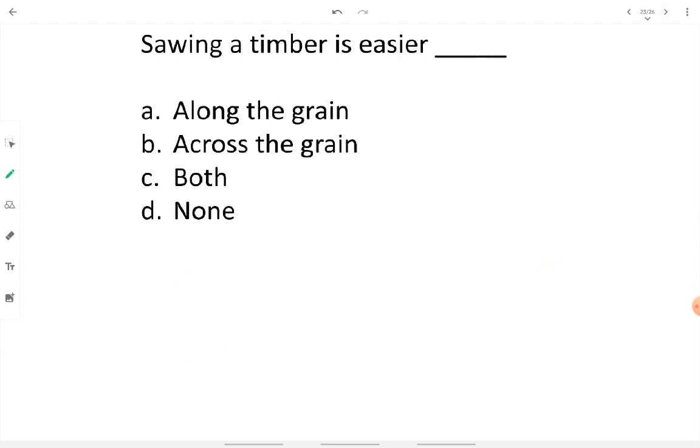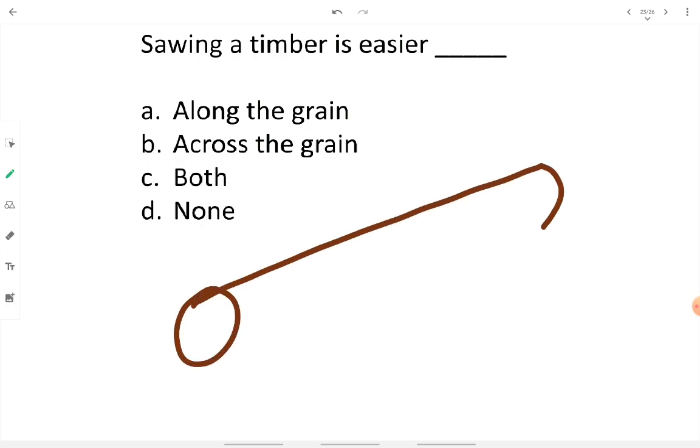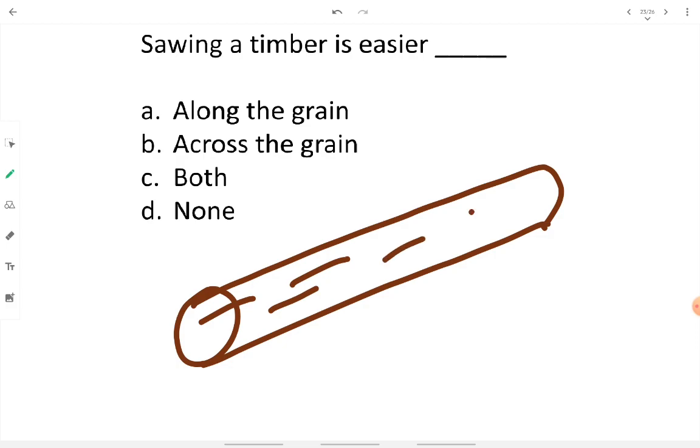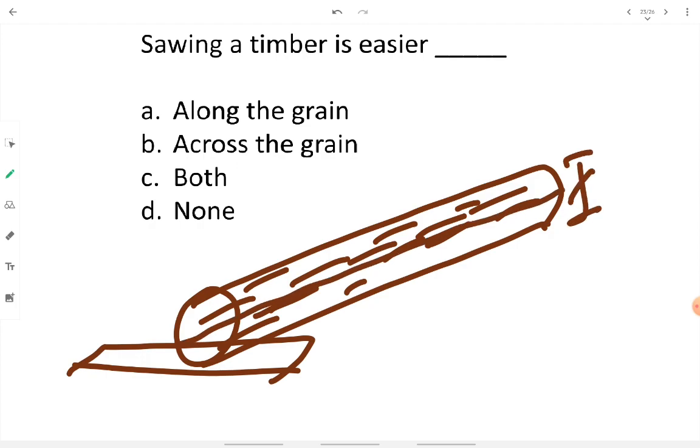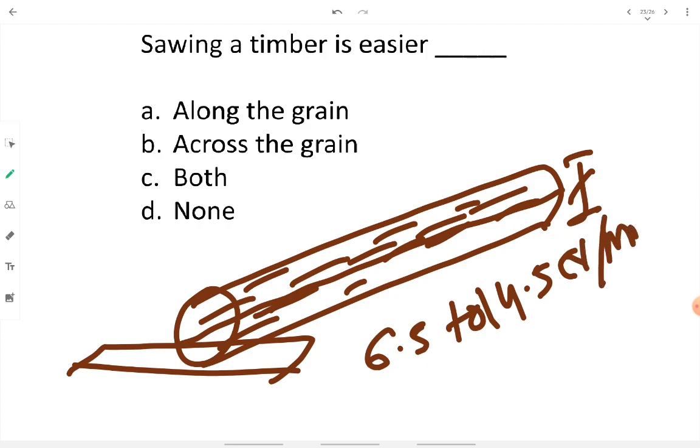Sawing a timber is easier in which direction? Along the grain or across the grain? Let's see the timber sample again. For example, this is the timber and this is the grain arrangement. If you take a saw like this and want to cut the timber along this half section, it is easier, because along the grain the shearing strength of the timber member is about 6.5 to 14.5 Newton per mm square.